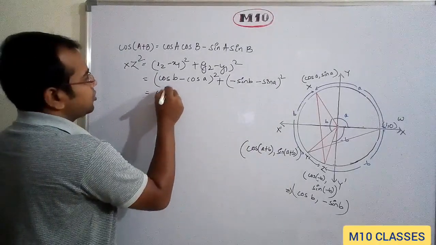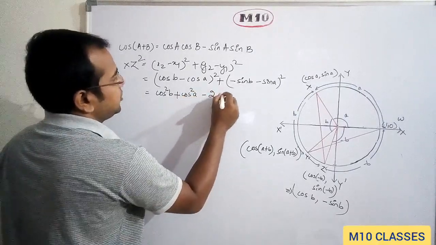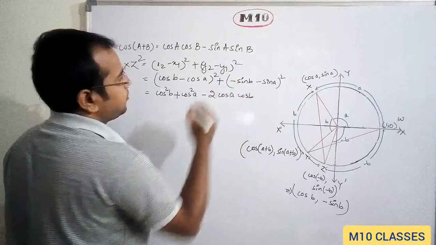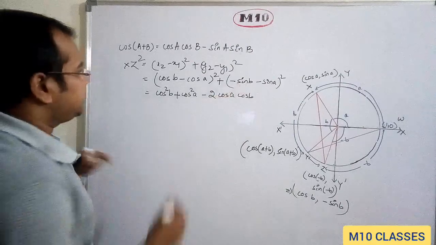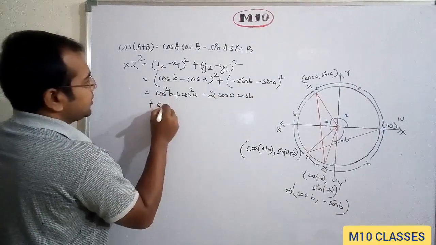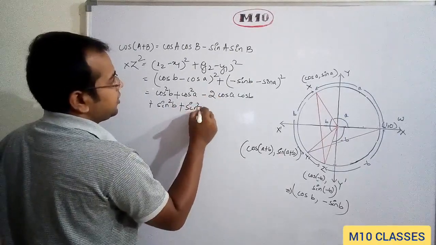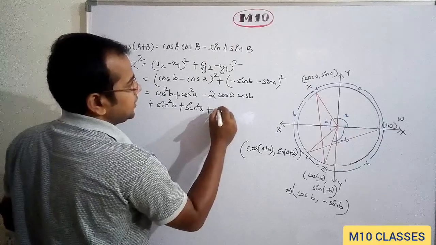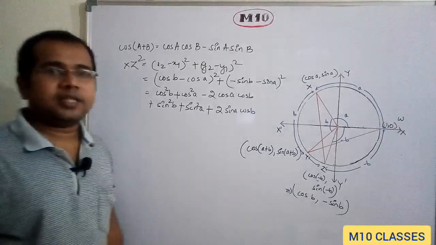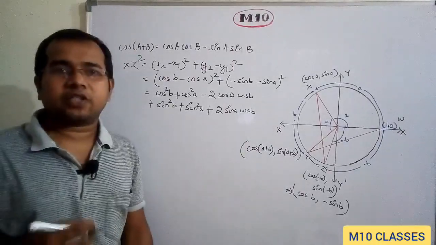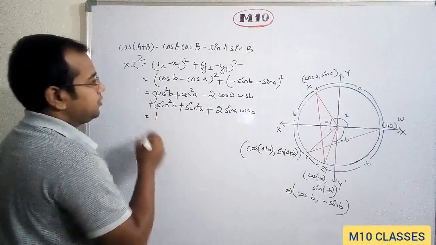You will get cos square b plus cos square a minus 2 cos a cos b. Now see here, for minus sin b, the square will be sine square b. You are getting plus sine square b plus sine square a, and plus 2 sine a sine b. Now you know that sine square theta plus cos square theta is 1. So for these two, cos square b plus sine square b, you are getting 1.